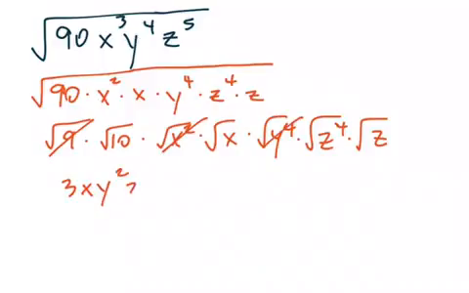The square root of z to the fourth is z squared. The rest of those underneath the radical sign are not perfect squares. We have no perfect square factors, so they stay underneath the radical sign. So that would be your simplified answer. Once again, you're just trying to remove all the perfect square factors.